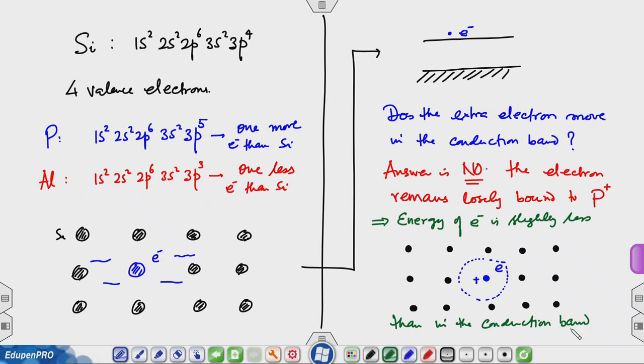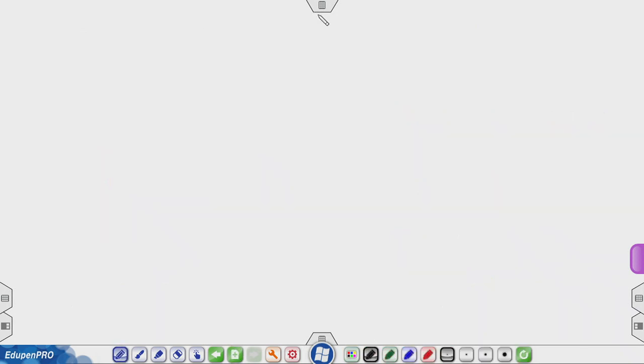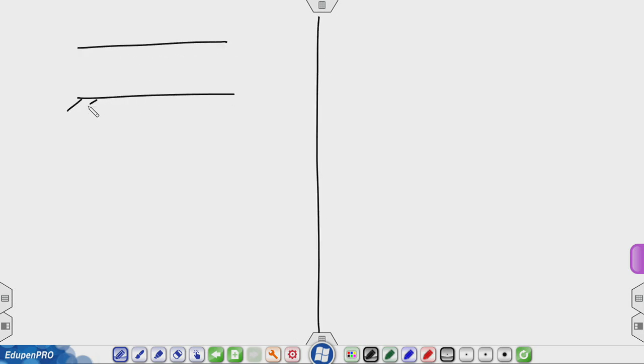So, let us make this picture on the next slide. Here are these bands. There is this extra electron which would be bound, and therefore, its state would be somewhere here. It is less than the conduction band by E d.